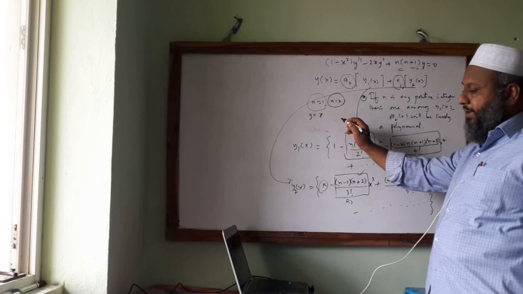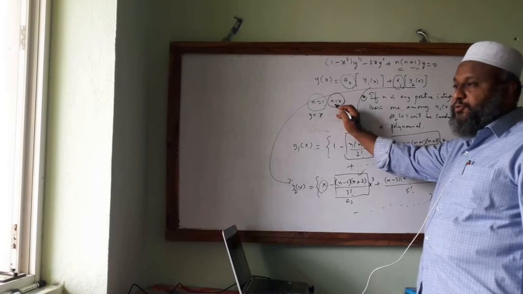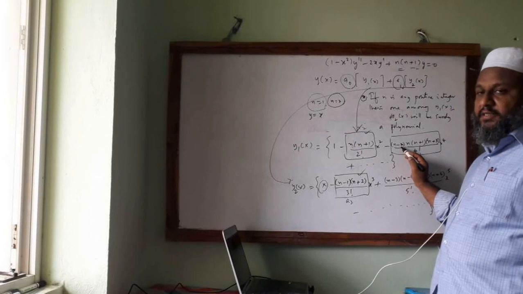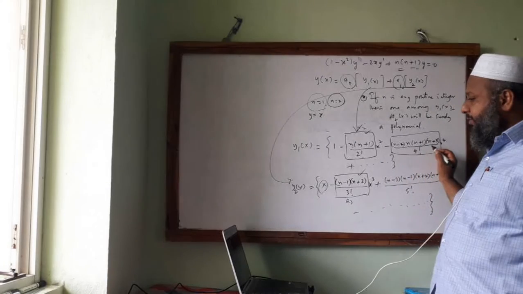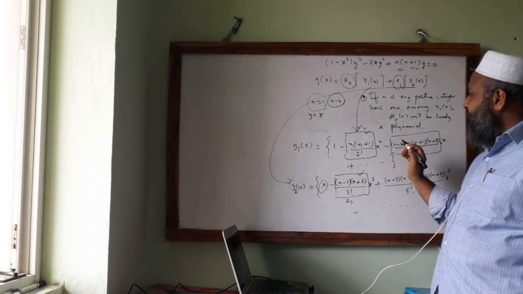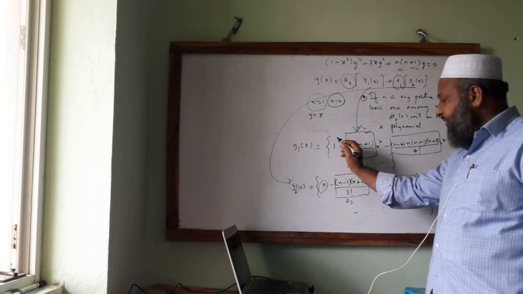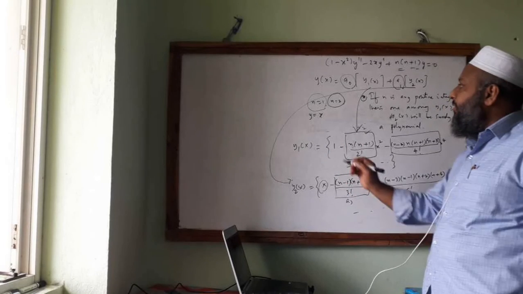Okay, back to the point. If n is 2, then this n minus 2 becomes a 0 and the terms from here onwards become 0. Therefore y1 of x becomes a polynomial.